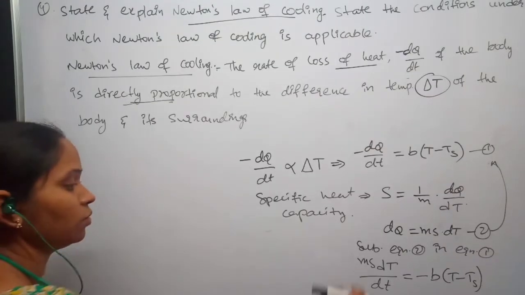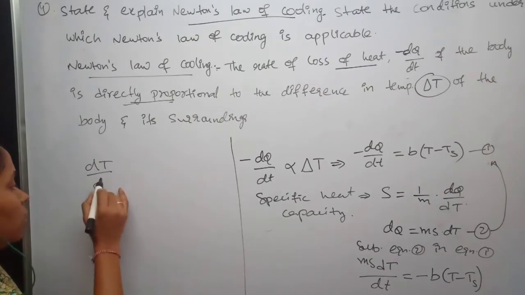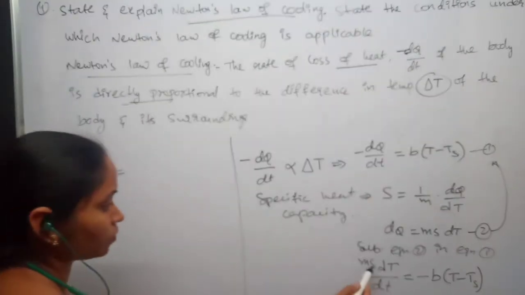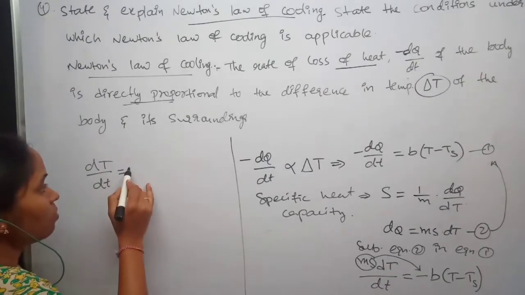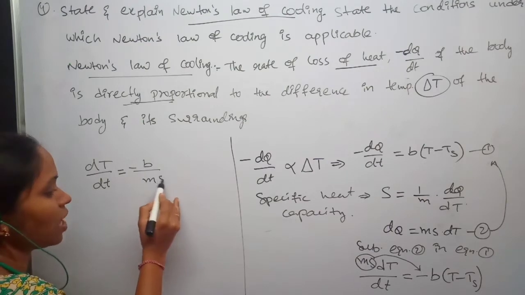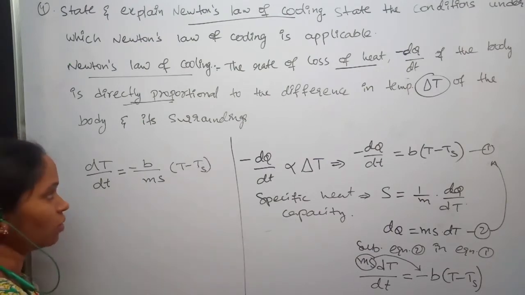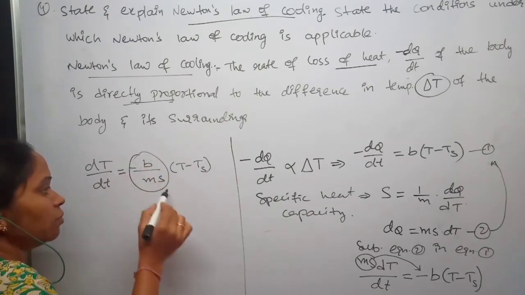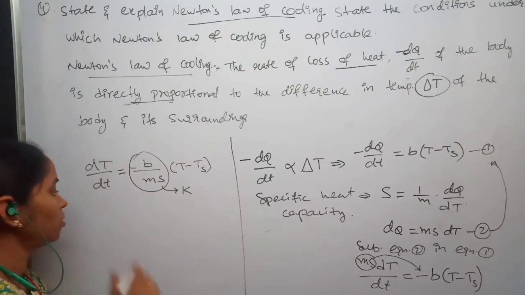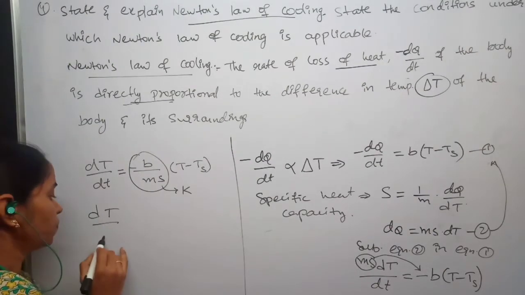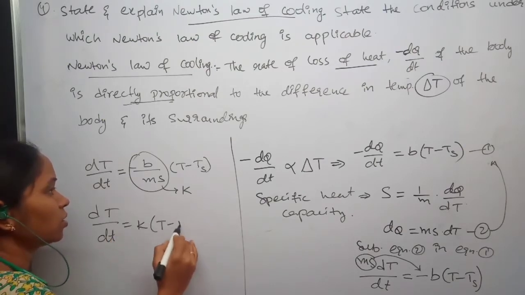Now from here dT by dt is equal to, I am just bringing this m S towards the right hand side, minus b by m S into T minus Ts. And this minus b by m S I am replacing with k, some constant. dT by dt is equal to k times T minus Ts.